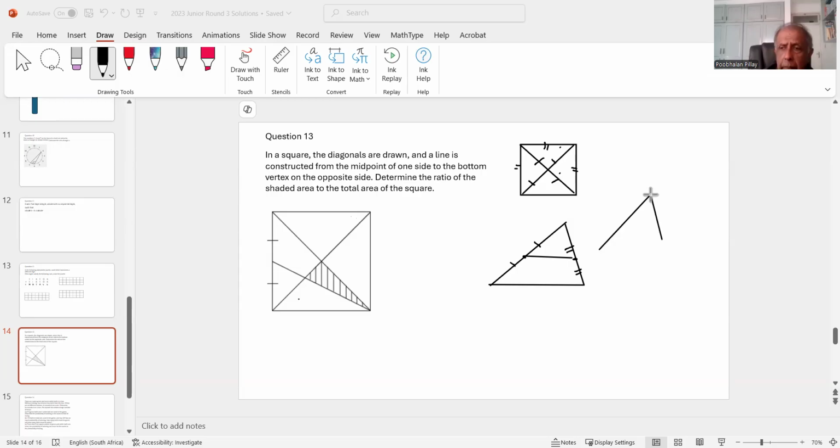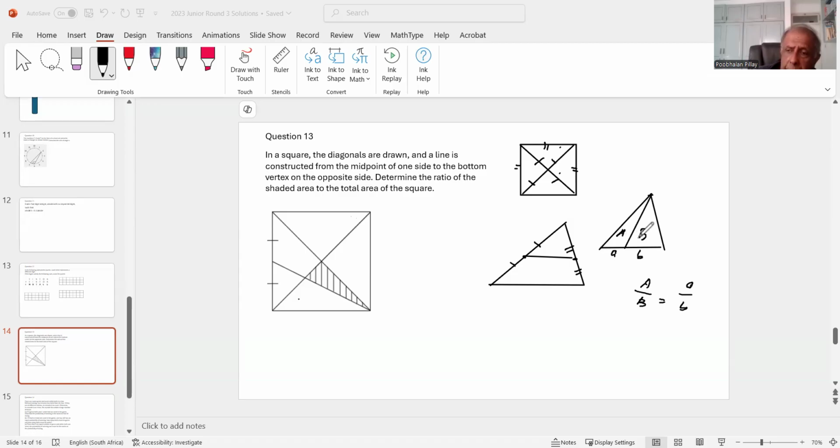If you've got a triangle and you've got any line from a vertex to the other side, and suppose this other side is divided in the ratio A is to B, it turns out that the area of this triangle over the area of the other triangle is the same as small a over small b.